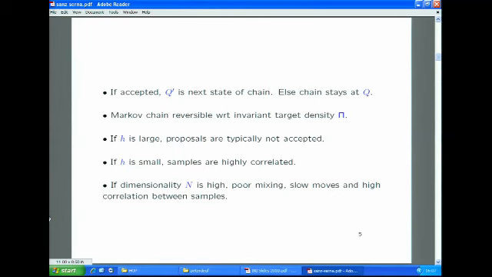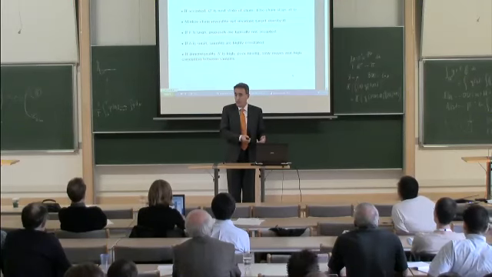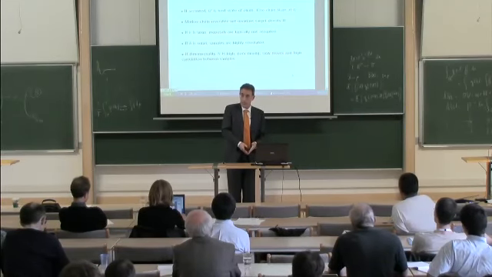For those of you who are not very familiar with this, once more: I stay here. There's a random motion, I come here. This random motion has nothing to do with my target distribution. And now I look: is my current location more probable or less probable than it was at the beginning? If I move to a point of more probability, according to my target distribution, I will stay here for the next step.